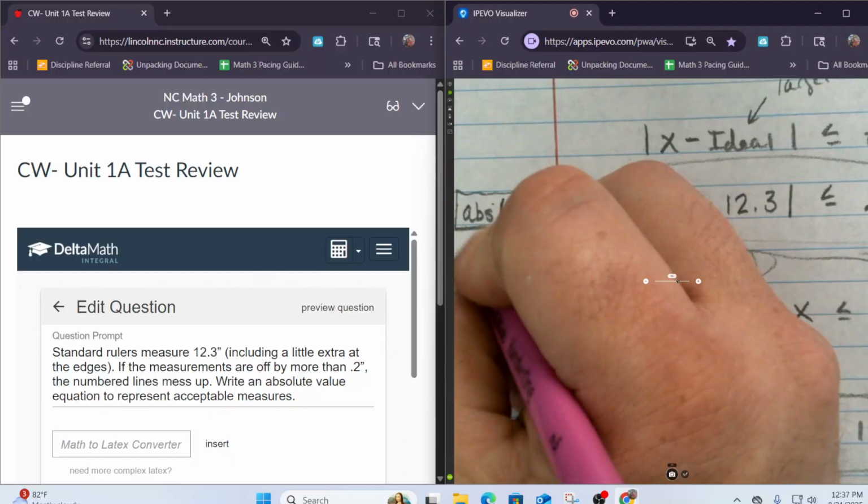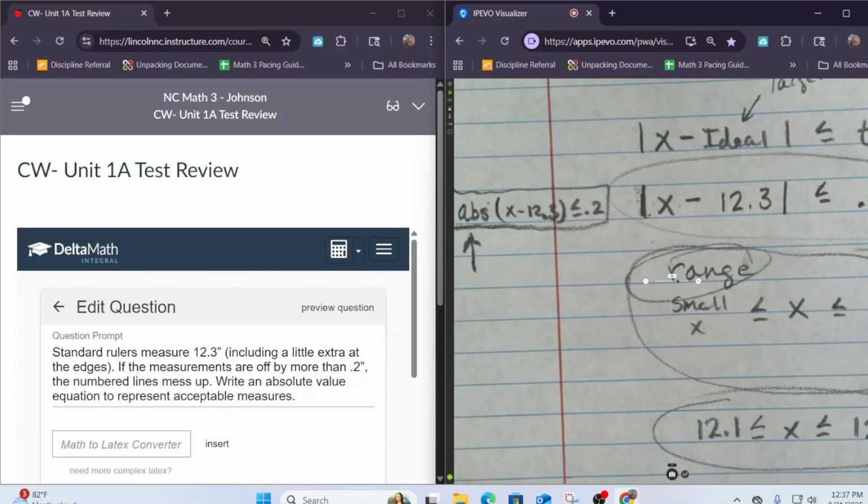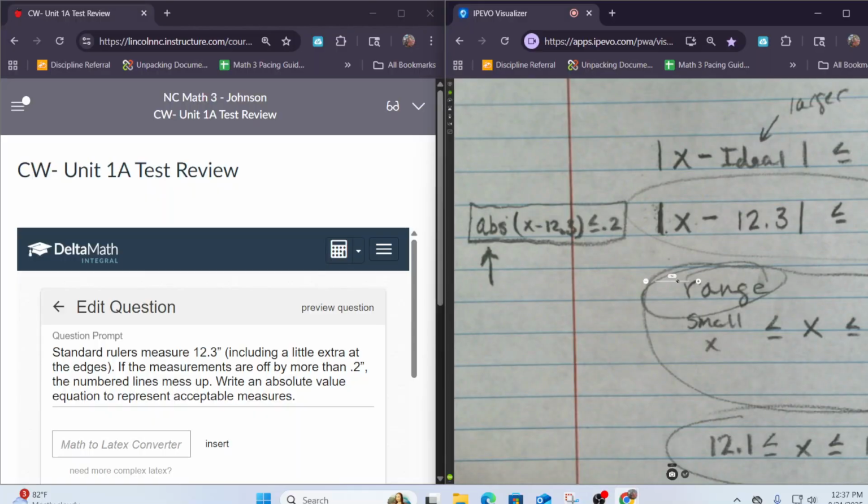The one thing that you may forget is to start out with the letters ABS, parenthesis, x minus 12.3, less than or equal to 0.2.